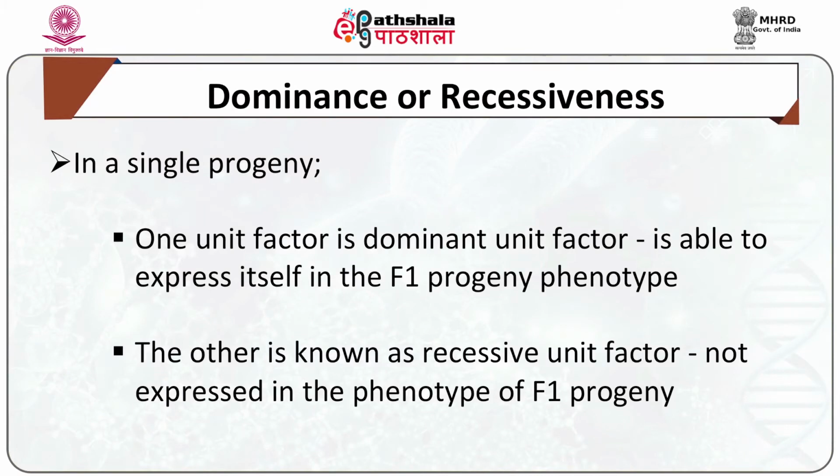Dominance and recessiveness. When complementary unit factors, inherited from either parent, are present in a single progeny, one factor is a dominant unit factor, which is able to express itself in the F1 progeny phenotype no matter what, and the other is known as the recessive unit factor, which is not expressed in the phenotype of the F1 progeny.